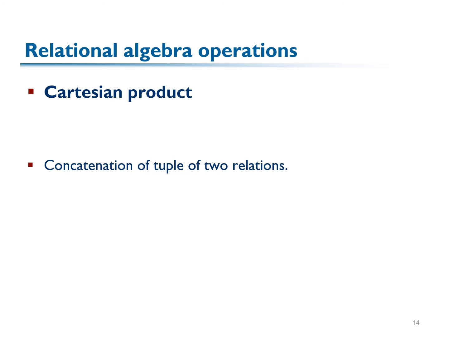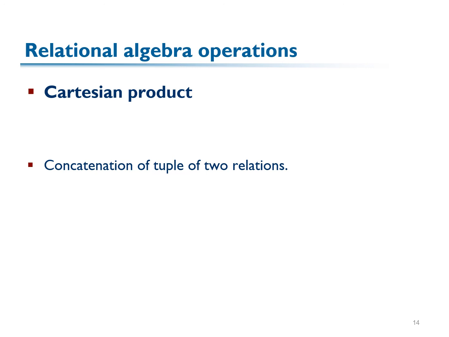We should note that it is possible that the two relations may have attributes with the same name. In this case, the attribute names are prefixed with the relation name to maintain the uniqueness of attribute names within a relation.